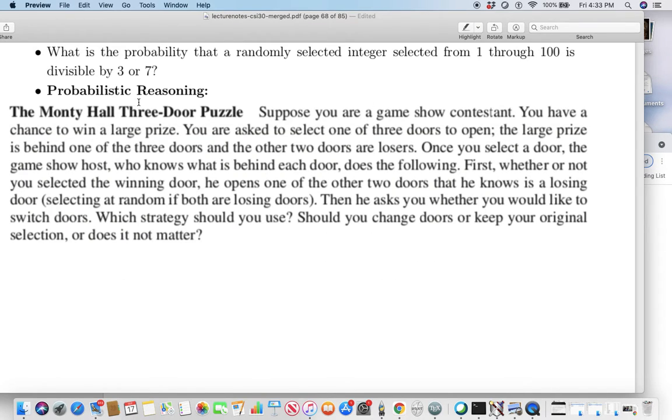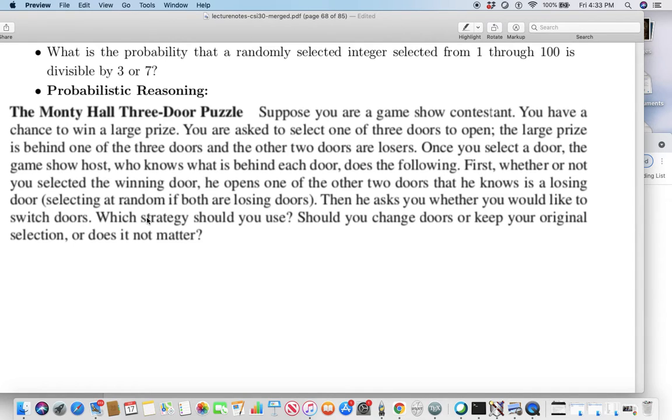Lastly, here is a beautiful probabilistic reasoning, the Monty Hall 3-door puzzle. Suppose you are a game show contestant. You have a chance to win a large prize. You are asked to select one of the 3 doors to open. The large prize is behind one of the 3 doors and the 2 other doors are losers.